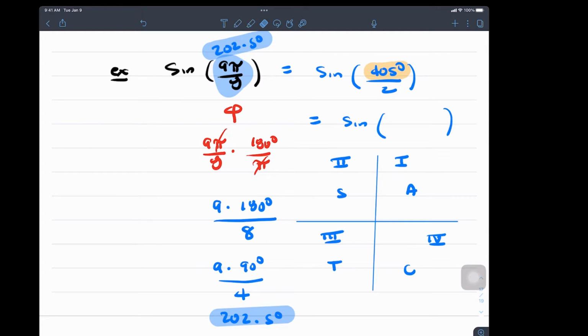Oh, sorry, apologize. Okay. So where's 202.5 degrees? Quadrant 3? By the way, sine will be negative. Is that right?